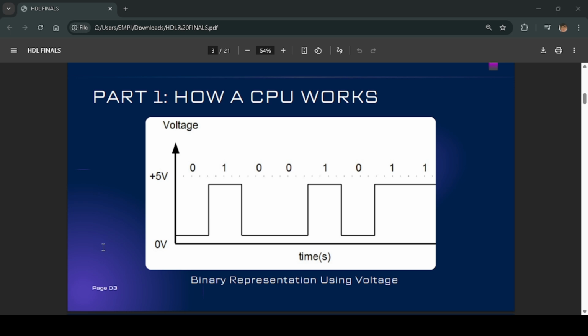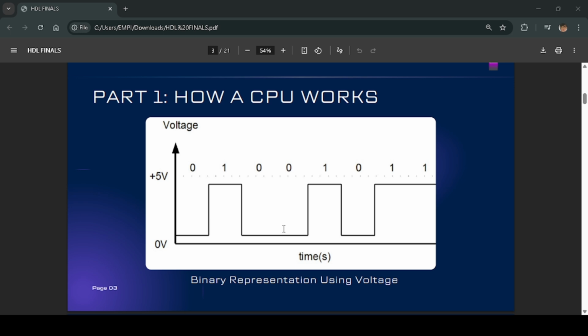One is a high voltage, typically represented by the value of 1, and a low voltage, represented by zero. This binary bit is the atom of computing. Using only two states is an engineering masterstroke because it creates clear, noise resistant signals that can be transmitted, stored, and manipulated with extreme reliability.